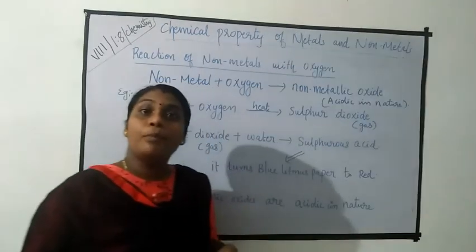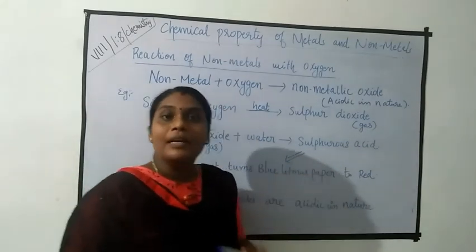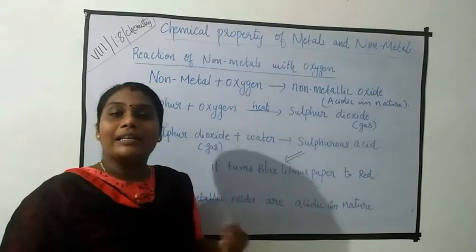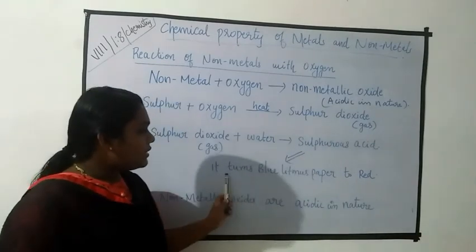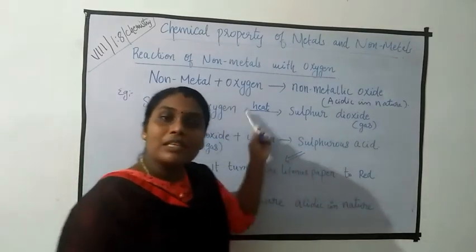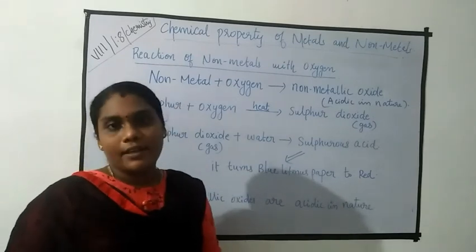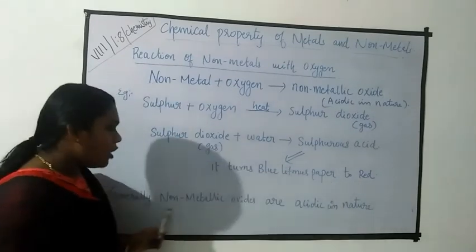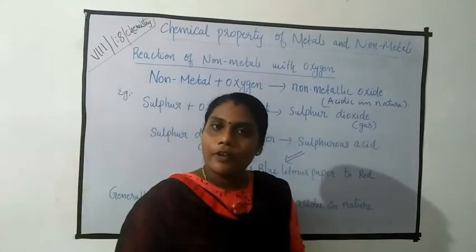When we dip blue litmus paper into sulfurous acid, what happened? The blue litmus paper turns red. So, sulfurous acid turns blue litmus paper red. From this we understand non-metallic oxides are acidic in nature. All of you understand?